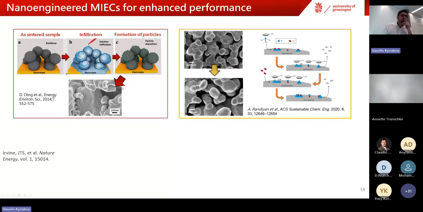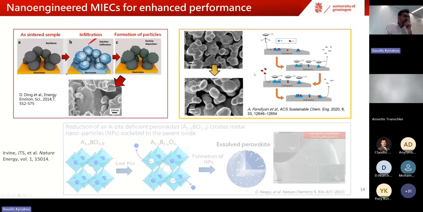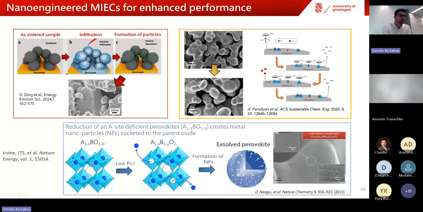It can be done also with different deposition methods, like we showed some years ago with atomic layer deposition in this example. But we are particularly interested in exsolution. What makes exsolution so interesting is that you're practically inserting your active phase inside the oxide host, inside the MIEC, and this is released upon reduction, or temperature, for instance, if you have the appropriate chemistry and stoichiometry and defects in your perovskite.